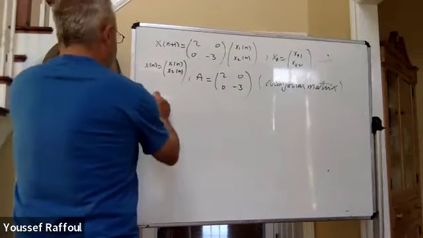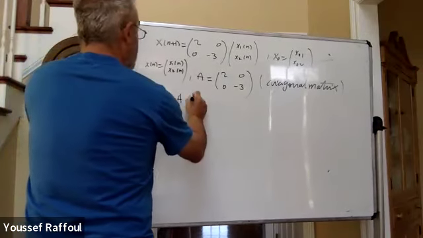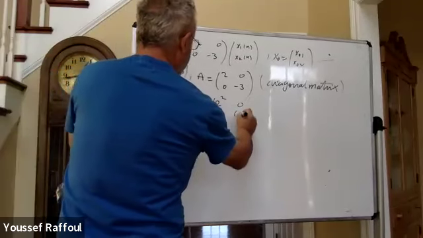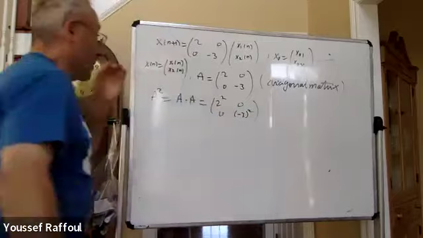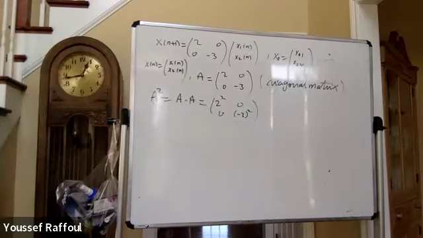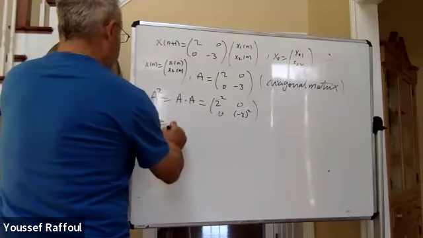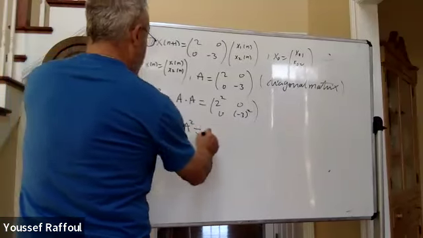So A squared is A times A. You're going to get 2 squared, 0, 0, minus 3 squared. You go ahead and multiply it. A cubed is A times A squared.